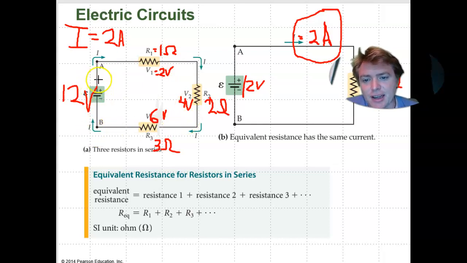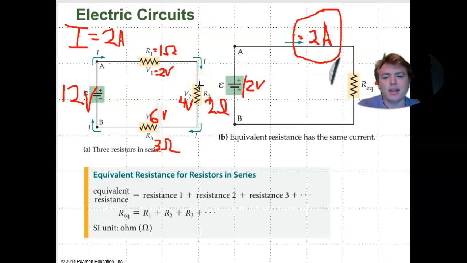So basically, and that should always be the case, right? I have a high potential to low potential difference of 12. Each time I go across a resistor should be a decrease, and as I go around, the same decreases in voltage across these resistors give us the total voltage of the battery. And that is how we solve for our series circuits.